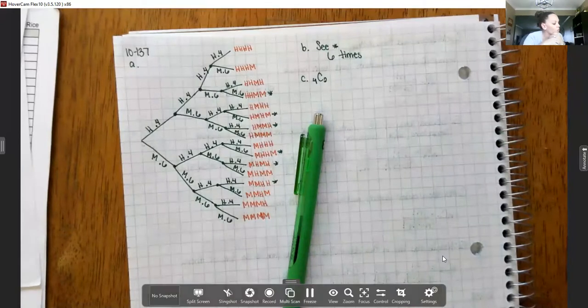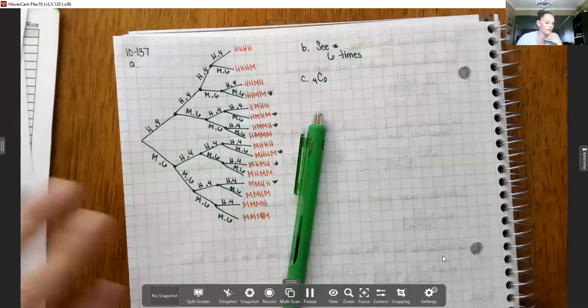And then how do the 4 and 2 relate to this situation?